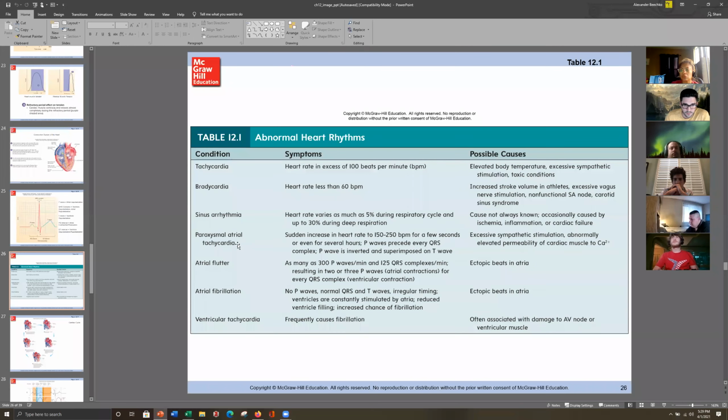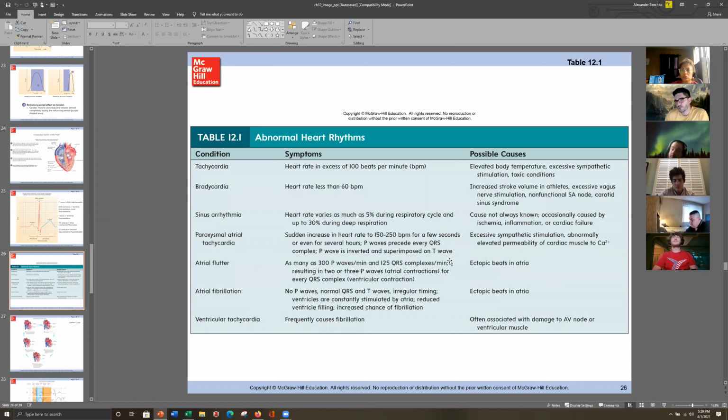Then we have paroxysmal atrial tachycardia, a sudden increase in heart rate to 150 to 250 BPM for a few seconds or even for several hours. So what this will look like on an EKG is the P waves precede every QRS complex, and the P wave gets inverted and superimposed on the T wave.